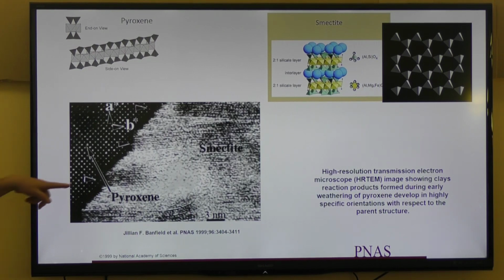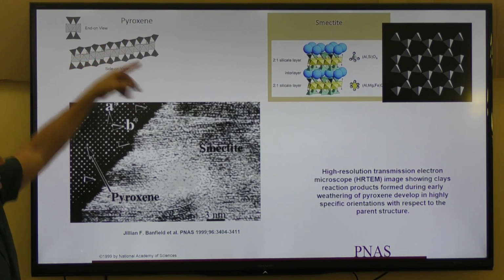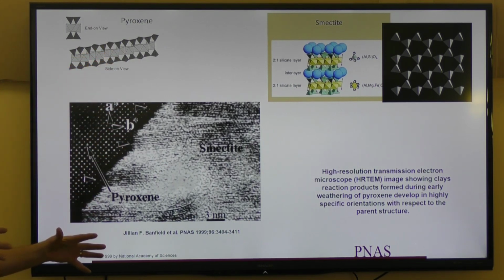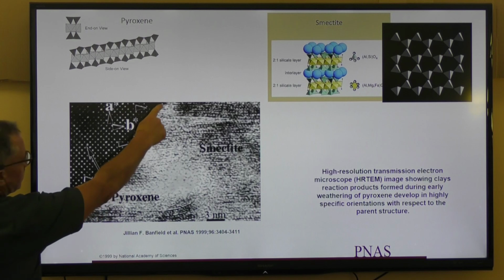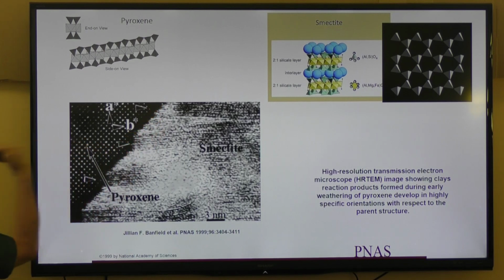But what was interesting to me about this is it's not like this is dissolving and then that's forming. It's one continuous reaction where these lines kind of rotate, like every other tetrahedron rotates to form a clay. And you can imagine this reaction front proceeding this way.